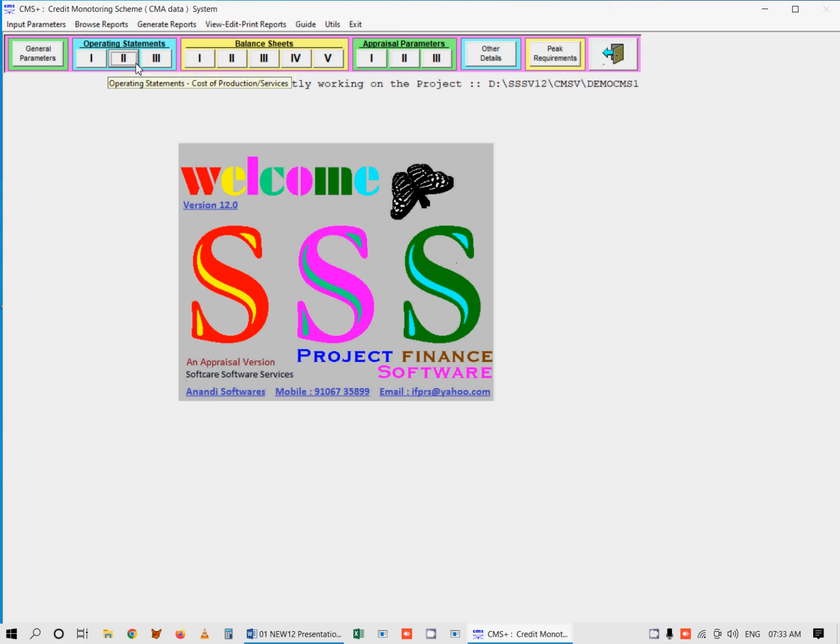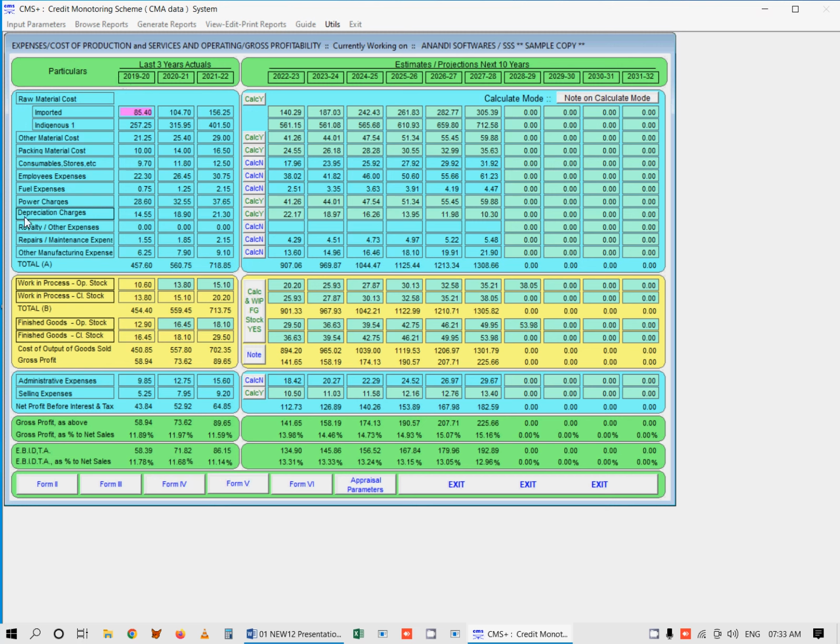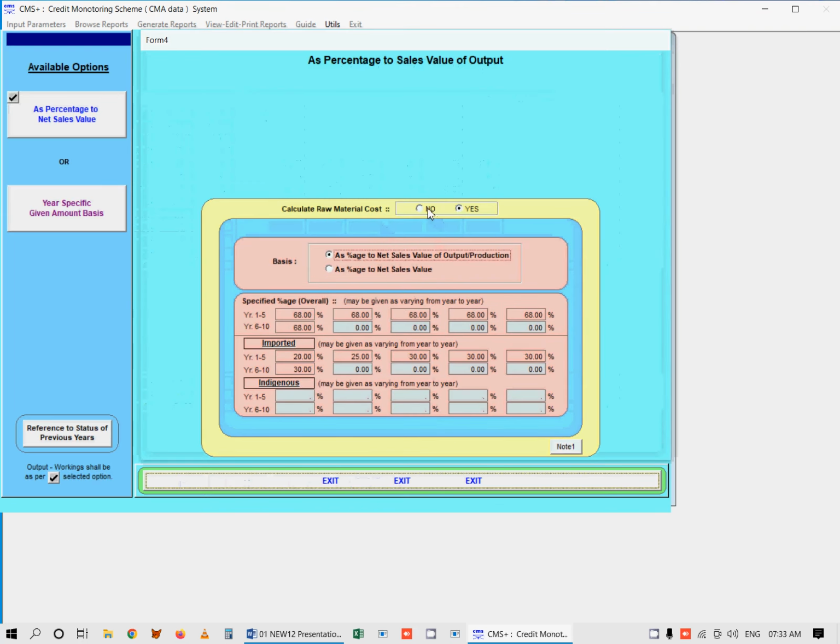Now we have a look at how it could independently frame the P&L account as related to material and operating expenses and overheads. Firstly, we look at main material cost. If we opt for calculate mode years, then initially we will get a reference on its past status and find out its behavior during the past 3 years.